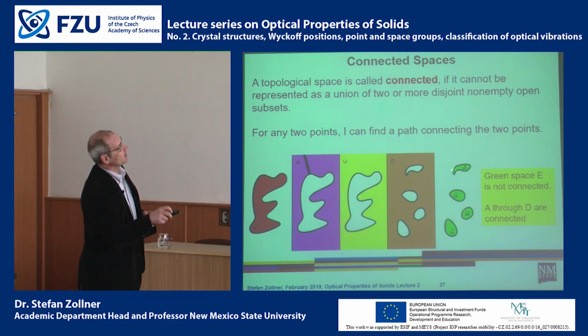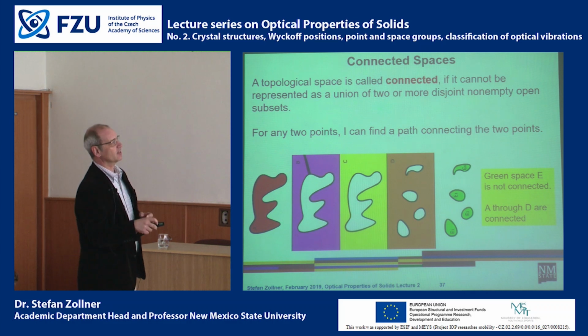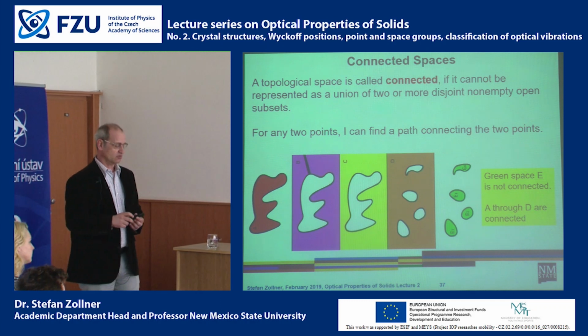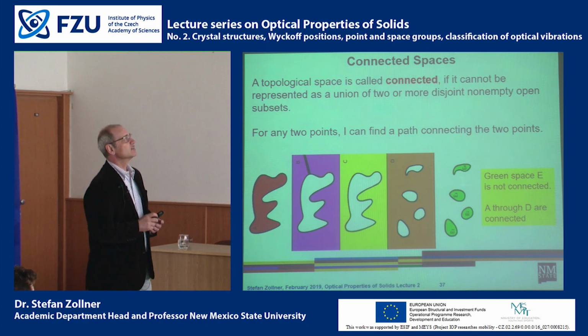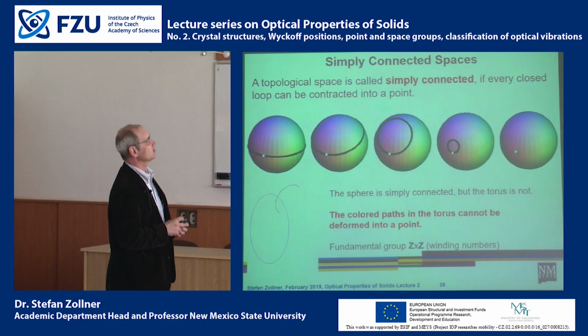So this is a topological space which is not connected, but all the others are connected. This red space here is obviously connected. This pink space and the yellow space are also connected. And this space D here, the brown one, is also connected. So connected we can also understand.